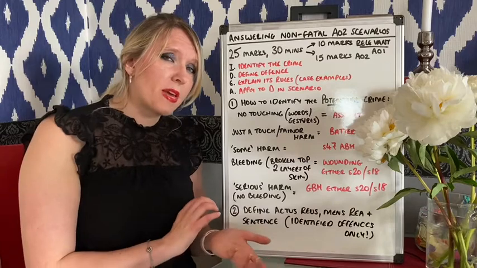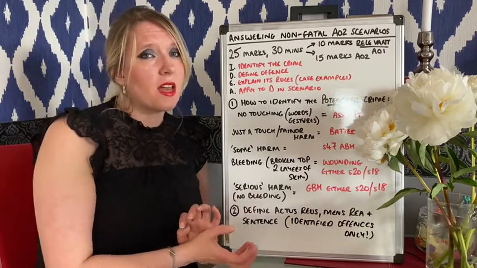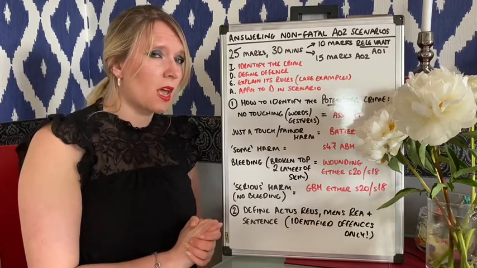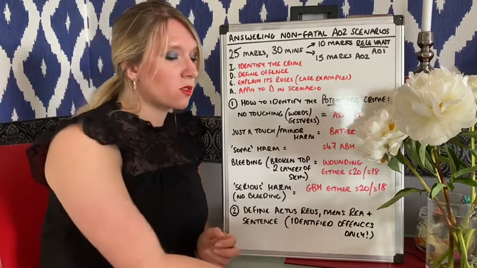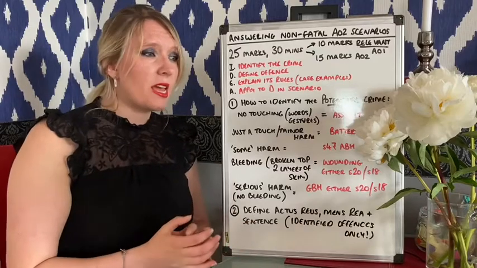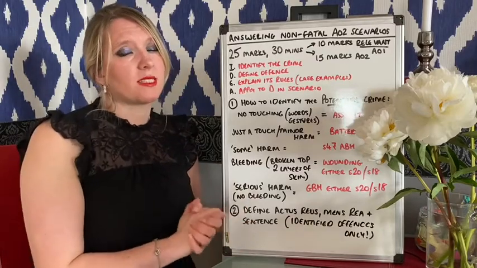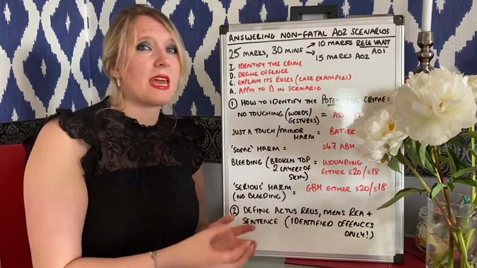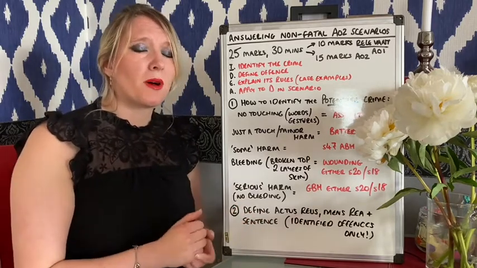So it might be ABH, some people might argue it's GBH, and often examiners will credit different trains of thought. So what you need to do is go through your scenario and then label what you think the potential offences will be. This gives you the opportunity to group potential offences together. So for example, if there are multiple cases of potential ABH, you might want to talk about all of those together.